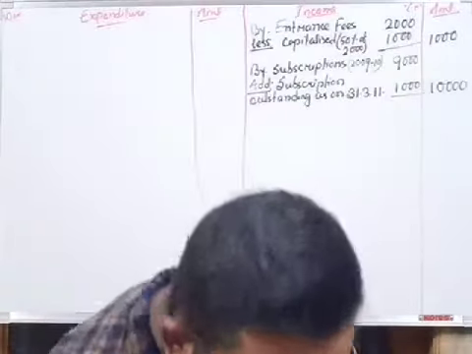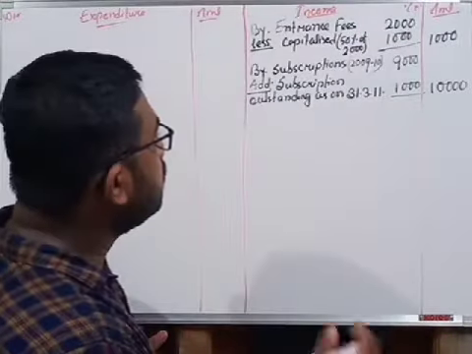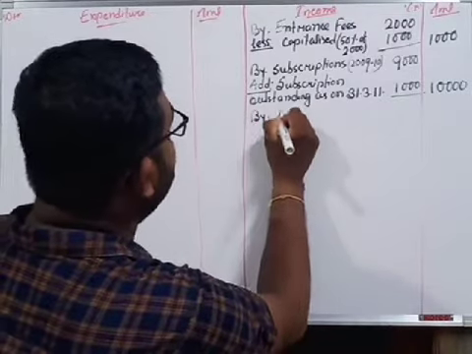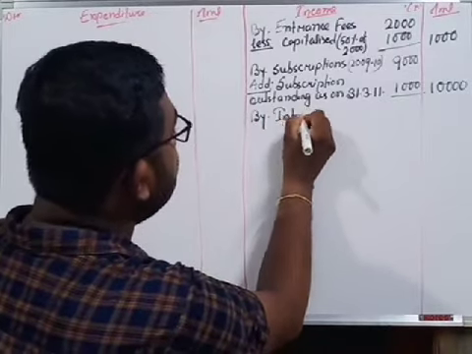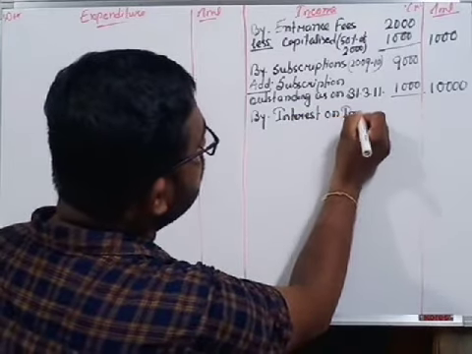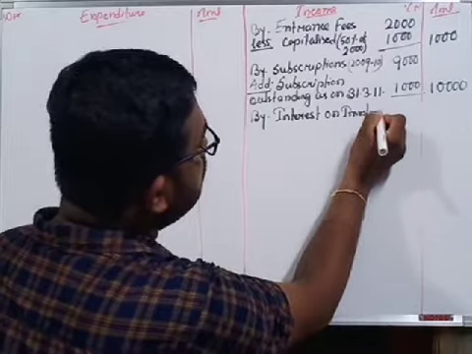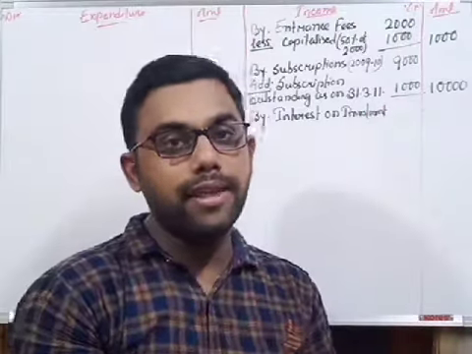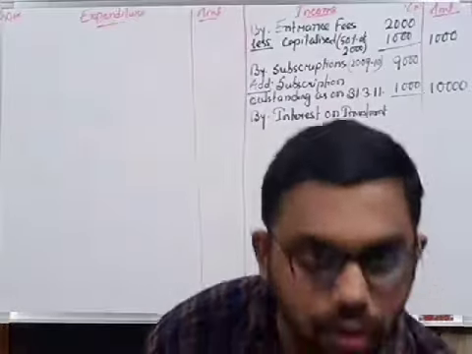Interest on investment is income for a non-trading organization, and it will come on the income side as interest on investment. Now we have to check the value of the investment made by the non-trading organization.